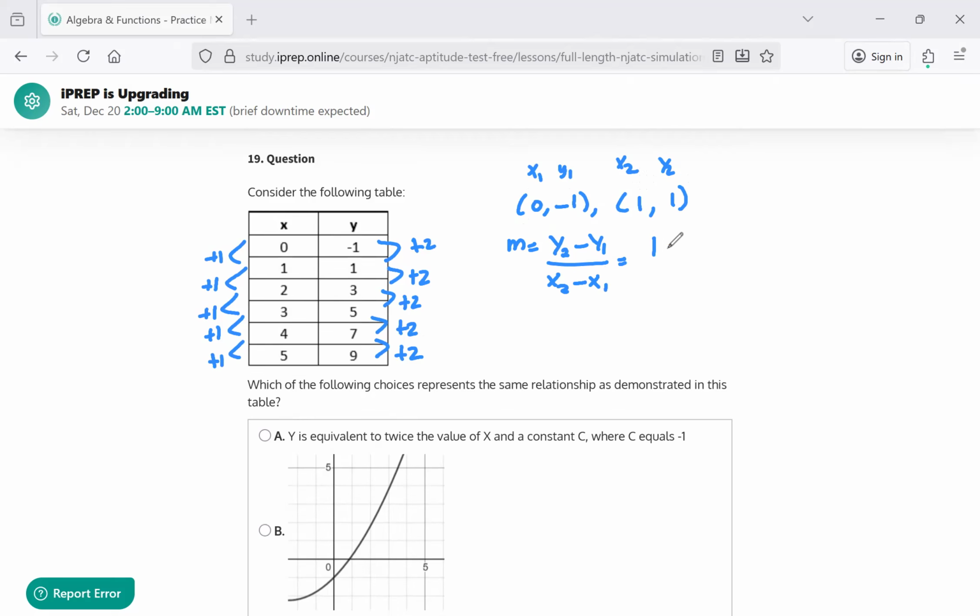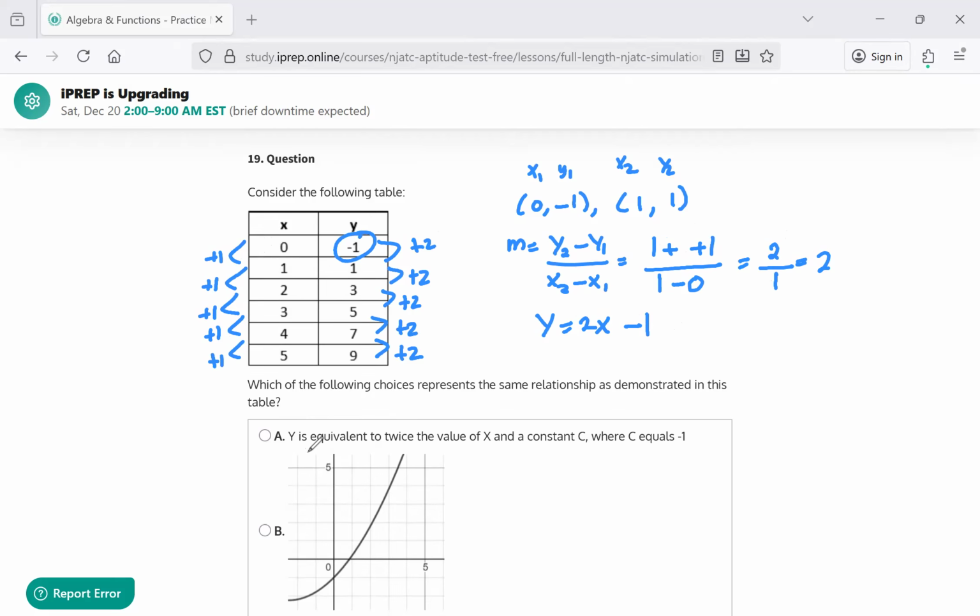So y2 is 1 minus y1 is -1, x2 is 1 minus x1 is 0. Two negatives becomes a positive, so that's 2. And then 1 minus 0 is 1. So it's 2. So my equation is going to be y equals 2x. And then my b is already given. It's this value, -1.